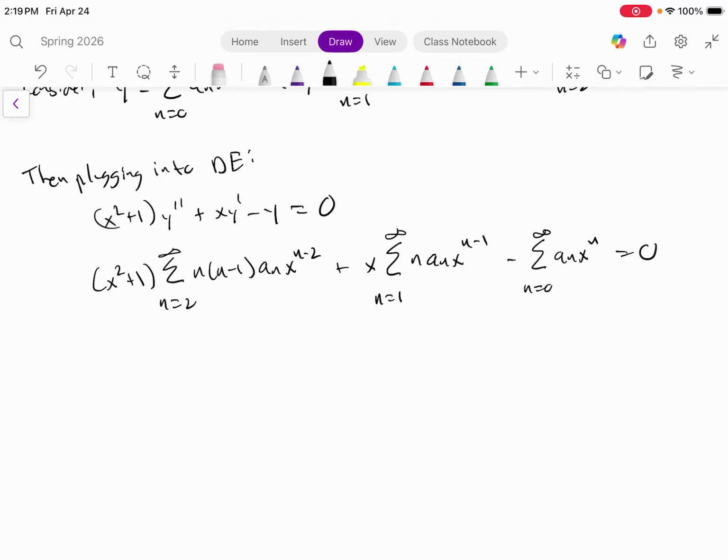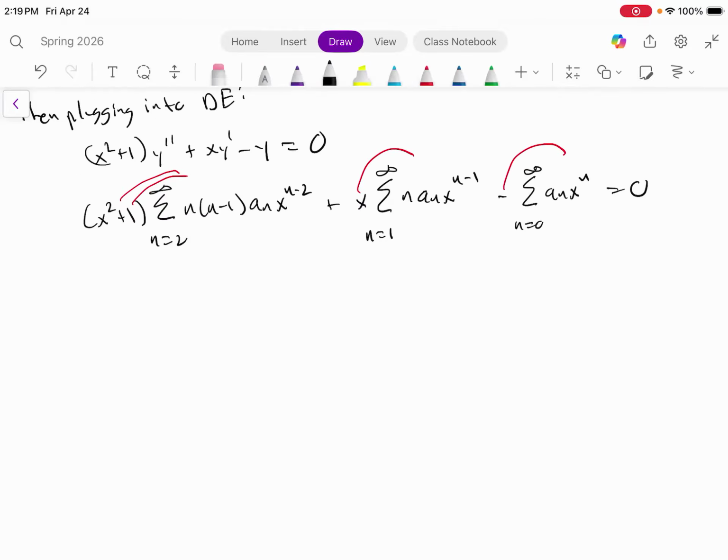And now what we want to do is start distributing. We could distribute in the expression x squared plus 1, distribute in the x, and even distribute in the negative.